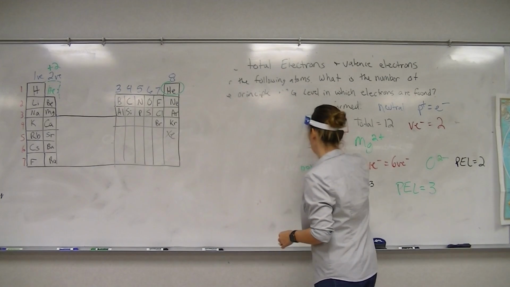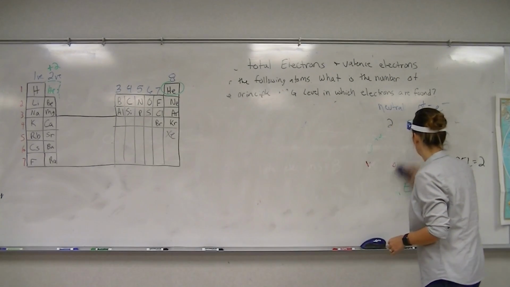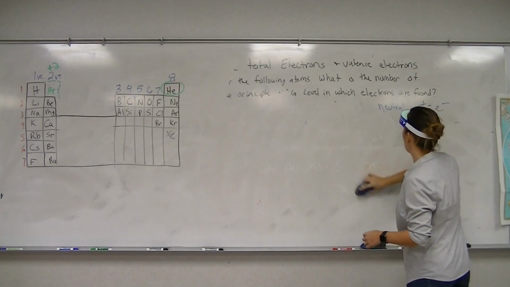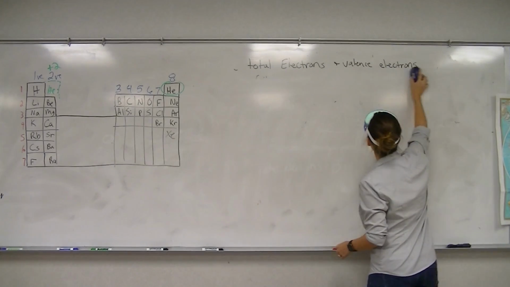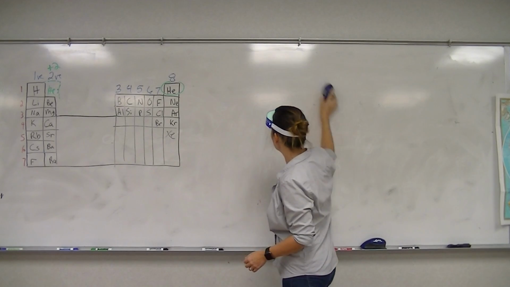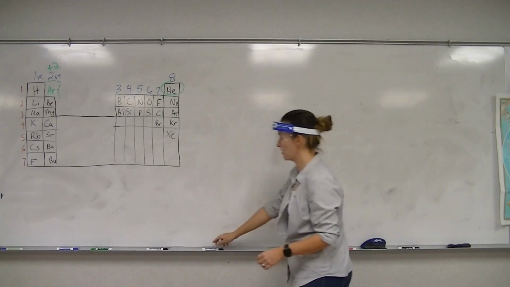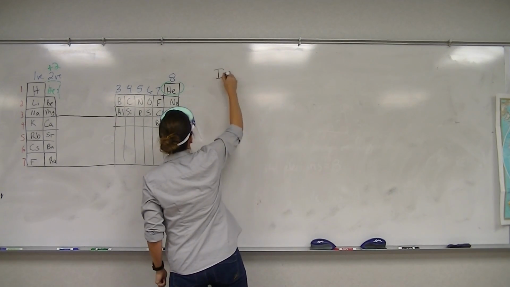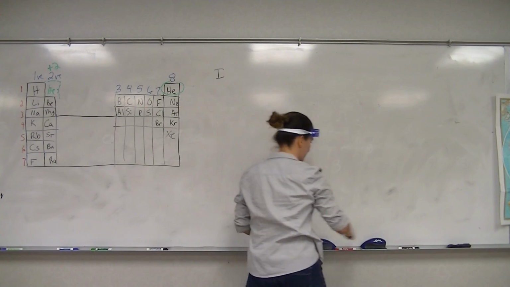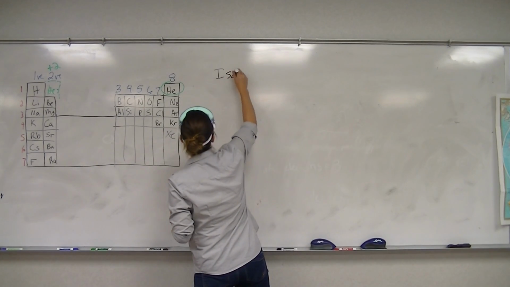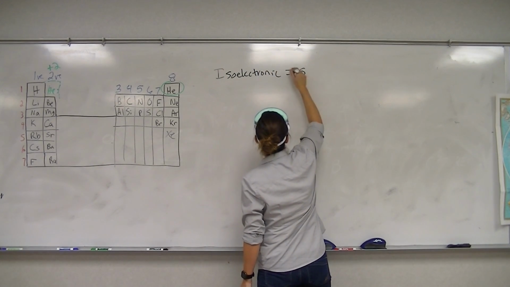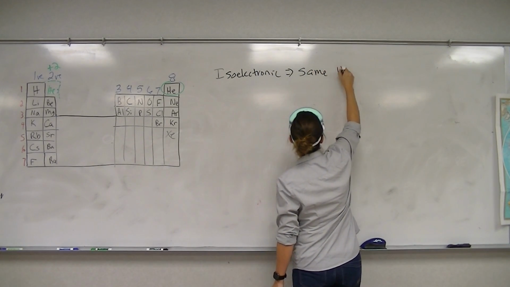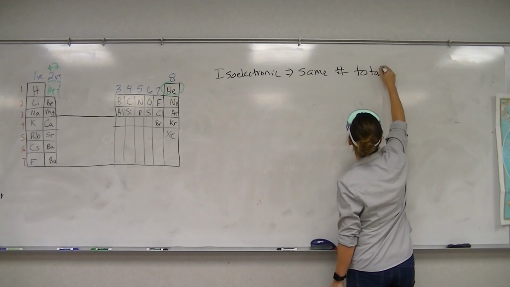There's a couple different ways to do that. The way I usually approach it, because we do have ions now, their electrons aren't going to equal their protons when we are talking about ions. Same number of total electrons.